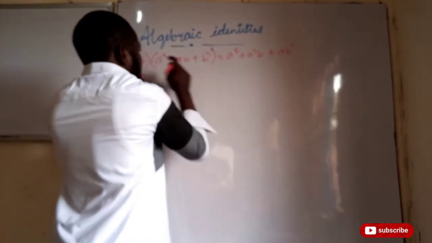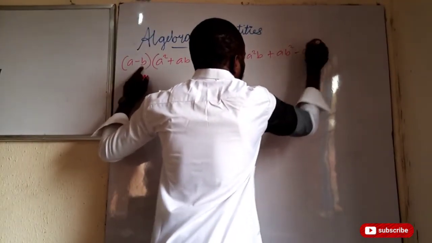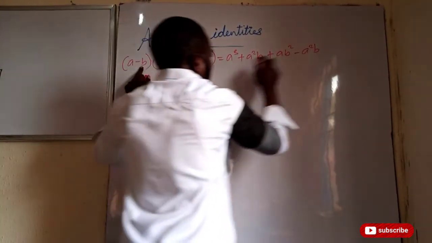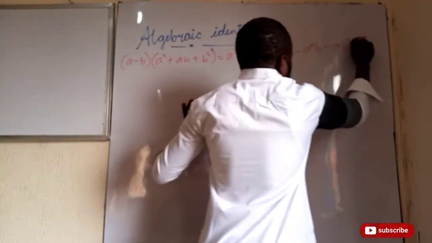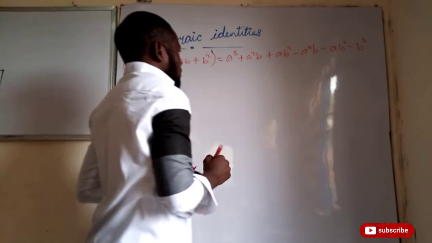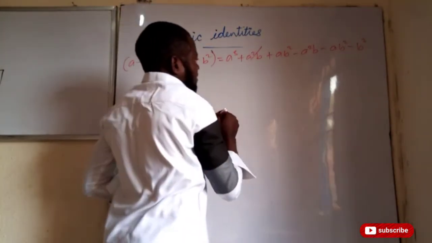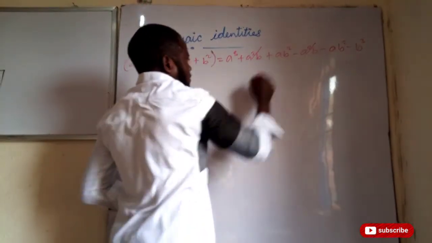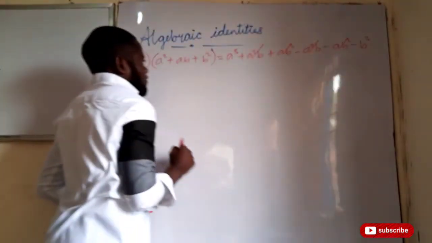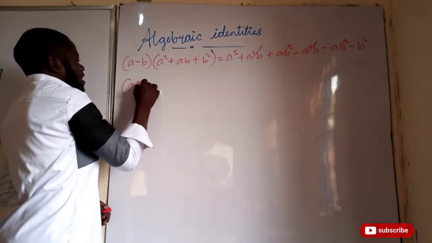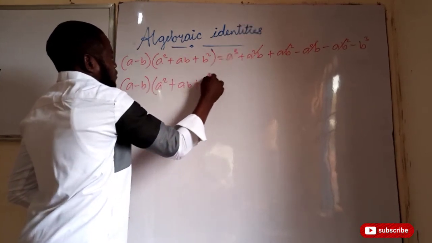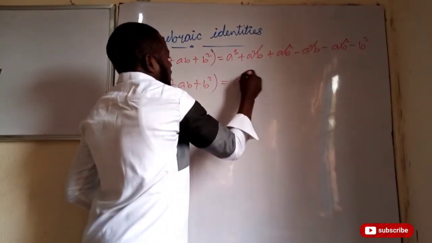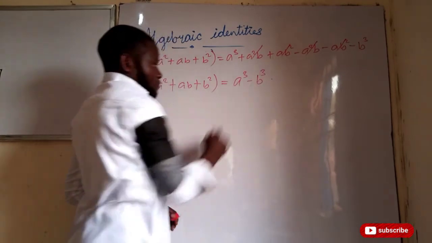Now b. This times this will become minus a square b, and this times this will become minus ab square, and this times this will be minus b cube. So if you observe, this and this would cancel, and this would cancel. Hence, I will have a minus b into a square plus ab plus b square to equal a cube minus b cube.